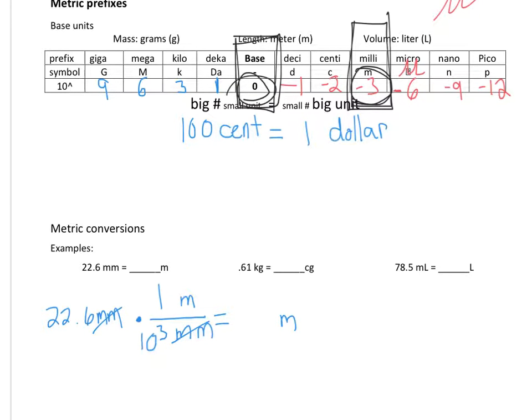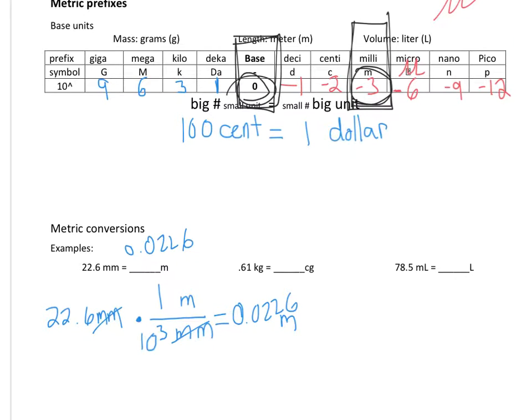That means it's 22.6 divided by 1,000, which is 0.0226 meters. I'm going to write that down, 0.0226 meters. Okay, let's try another one.